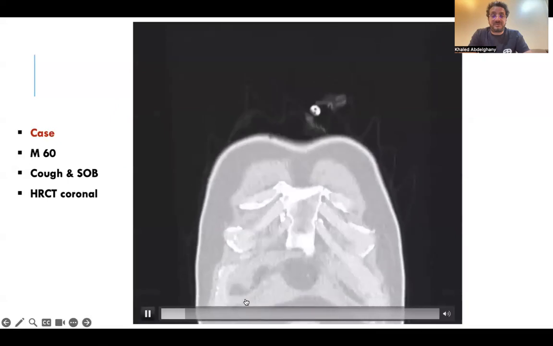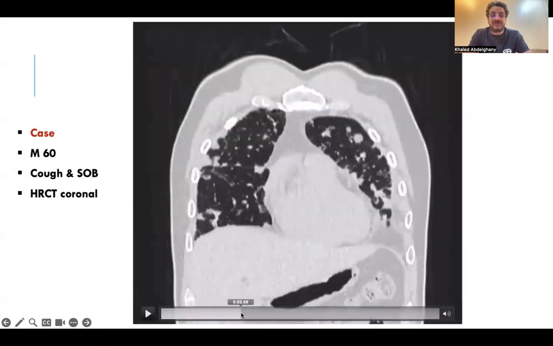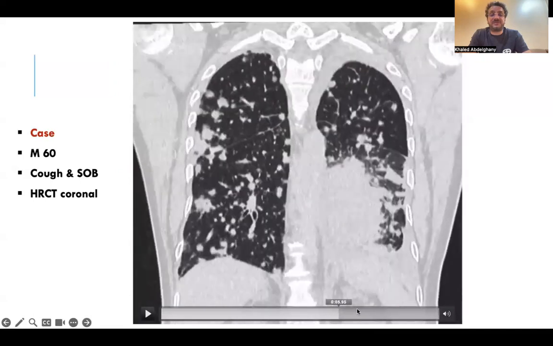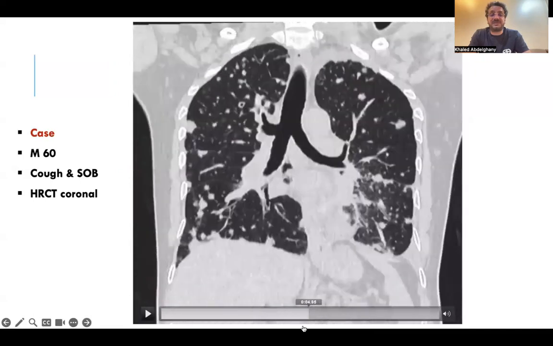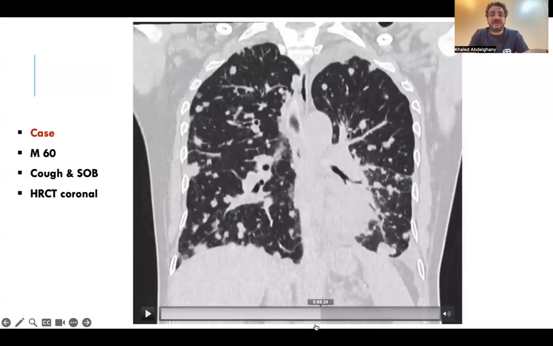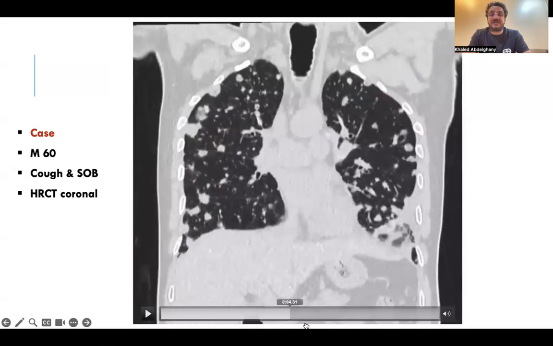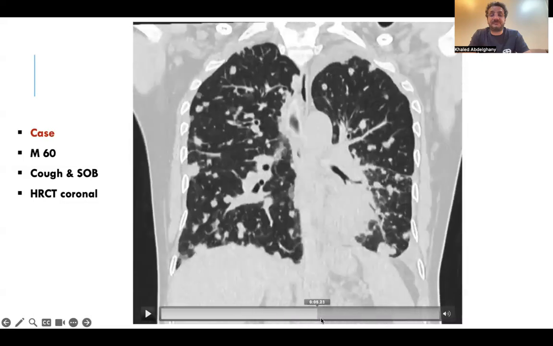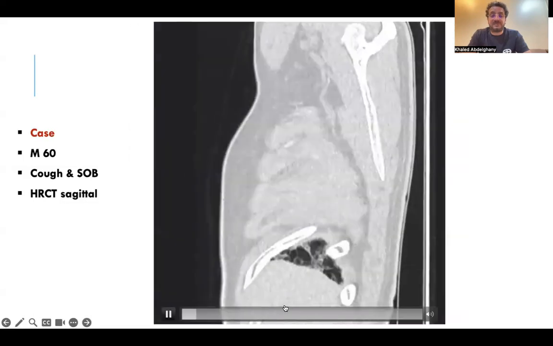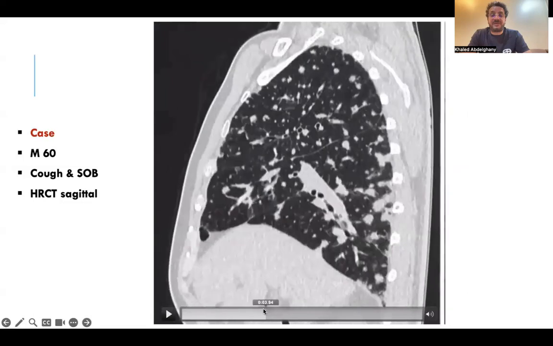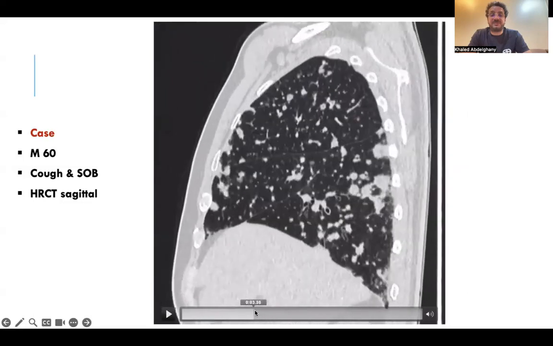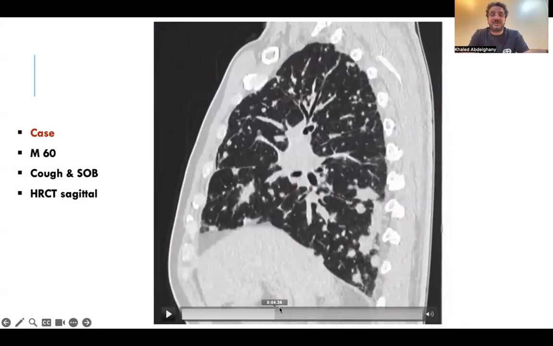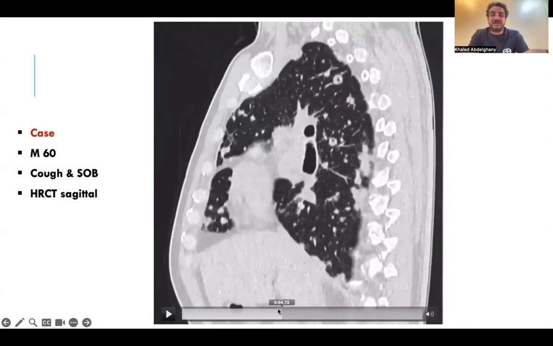I'll show you also the coronal scan showing the random distribution along the fissures and the pleural surface without respect to the bronchovascular bundle and interlobular septa location. Here also, we have the sagittal scan showing the major fissure nicely and the minor fissure with resting nodules.